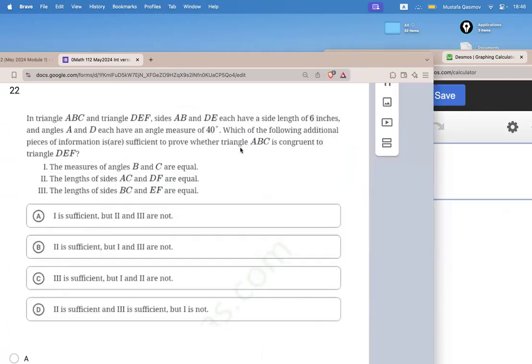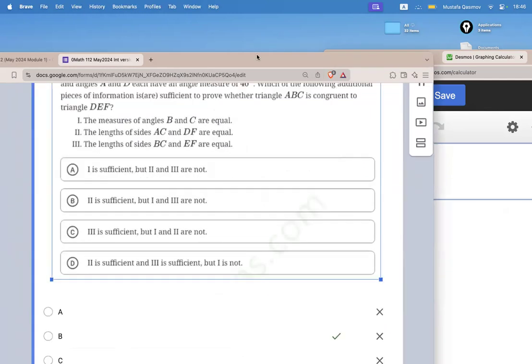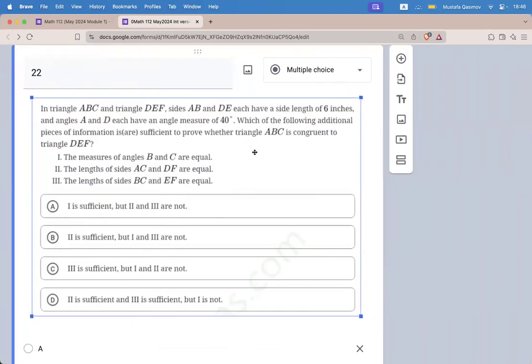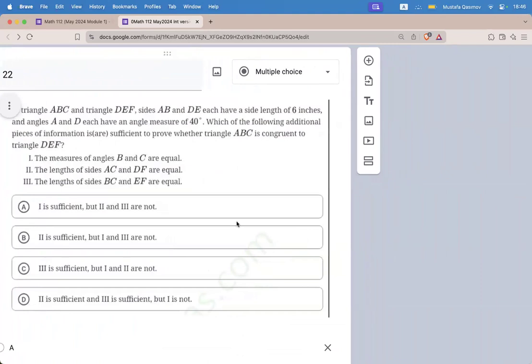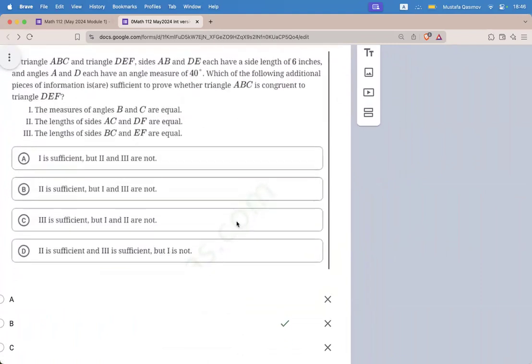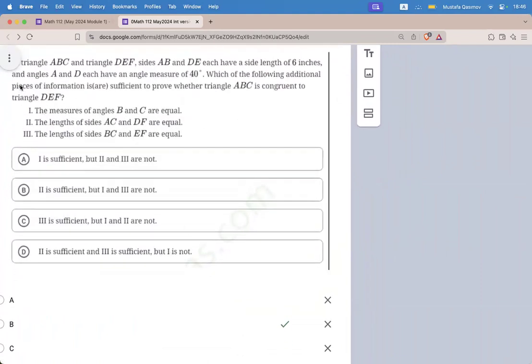This one, let's draw it. In this question, it says we have two triangles.